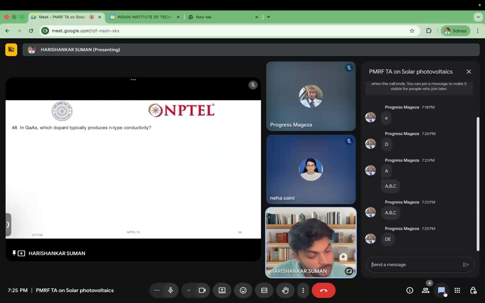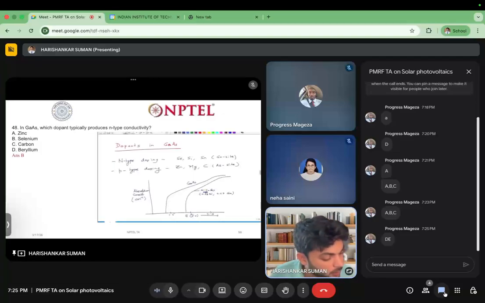In gallium arsenide, which dopant typically produces n-type conductivity? We have discussed this: selenium. These are the materials. For p-type, zinc, Mg and carbon.